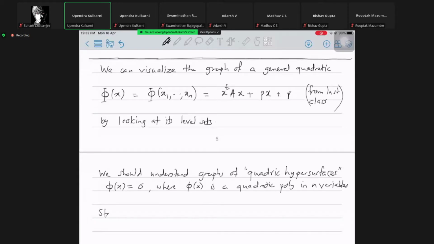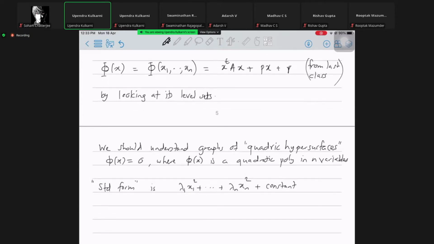So the standard form of this is, let's say, lambda 1 x1 square plus up to lambda n xn square, plus some constant. And of course, it is understood that this is equal to 0. So let us show that I can always reduce to this form.